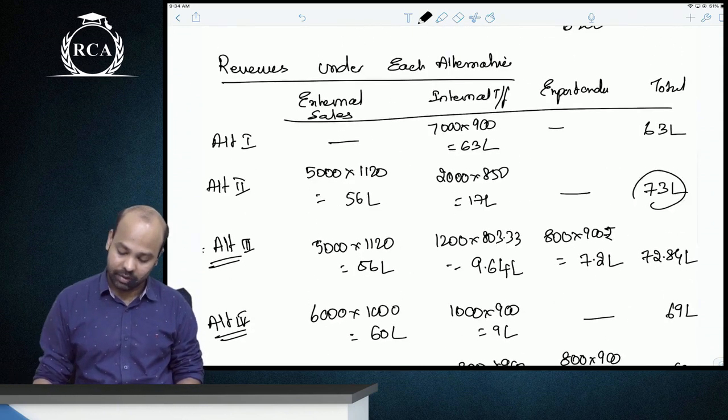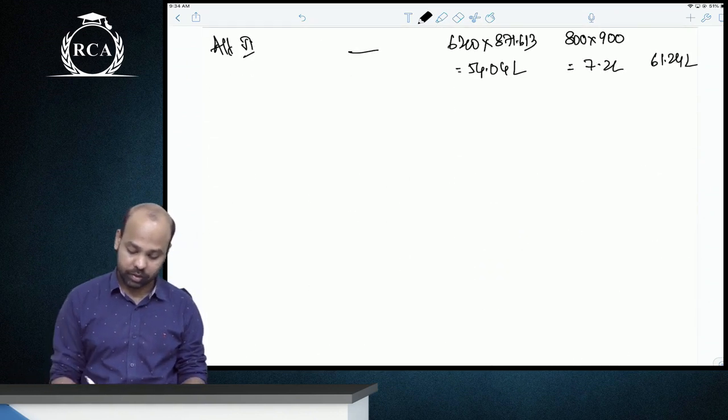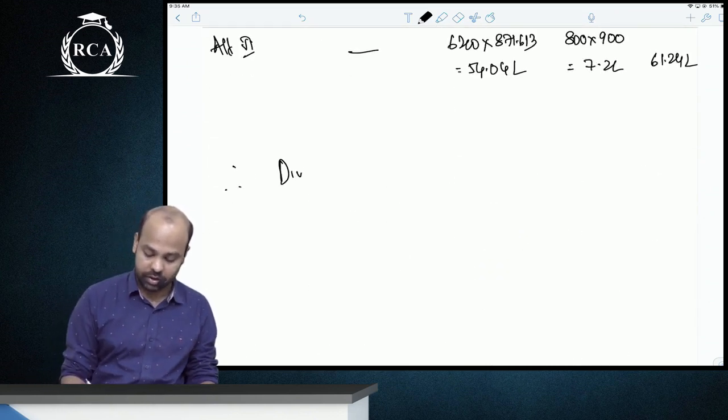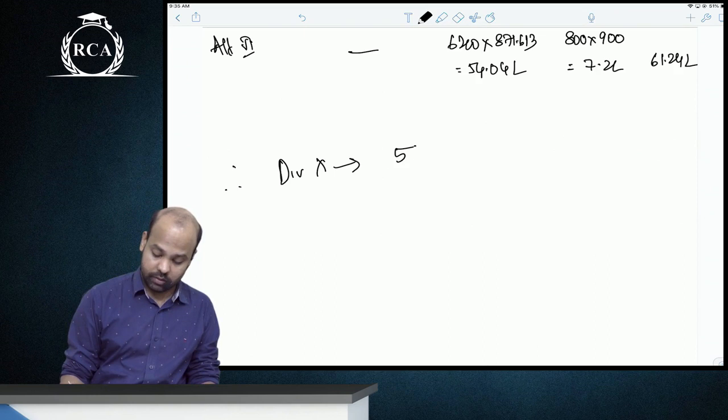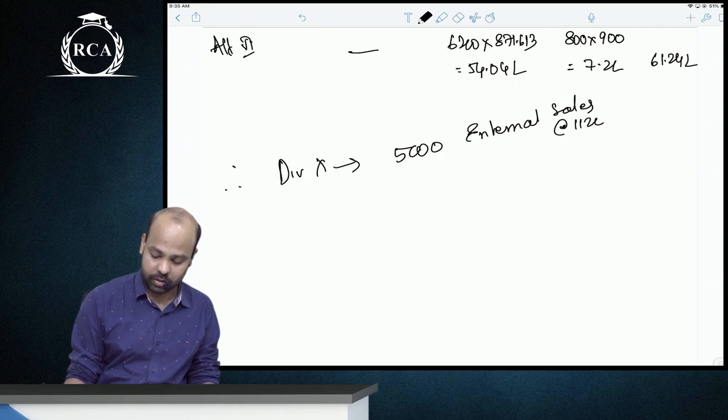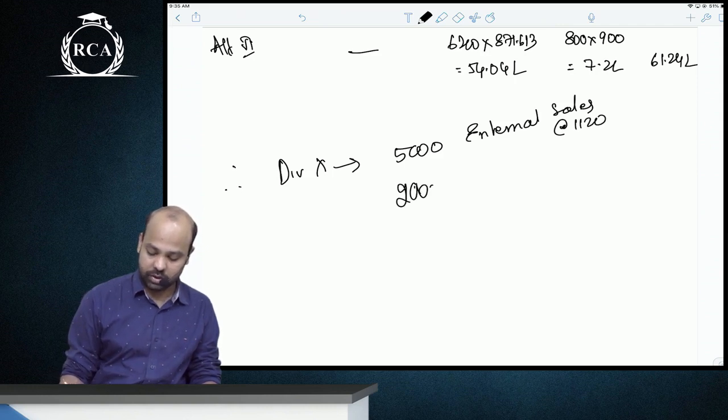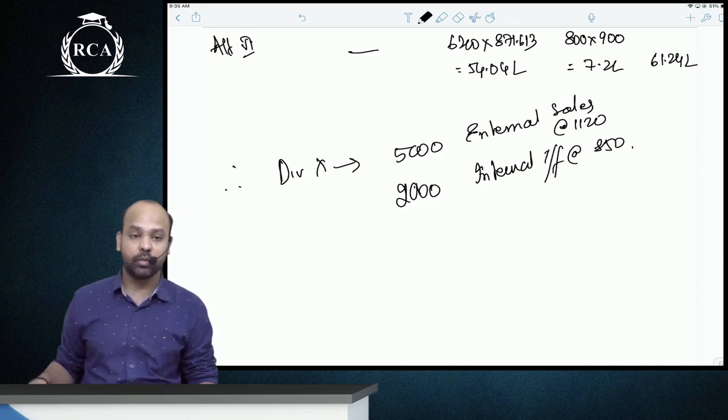The maximum revenue is under alternative 2. Therefore, division A's 5,000 units should be external sales at 1120 rupees, and 2,000 units internal transfers at 850 rupees. This would be the answer.